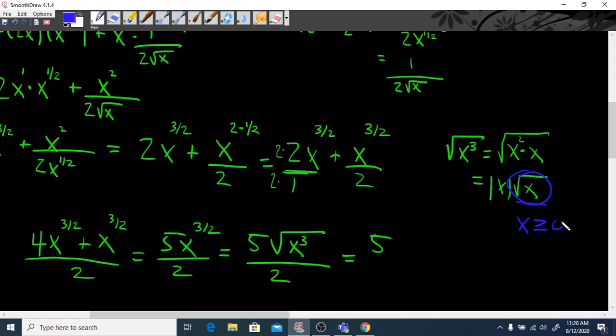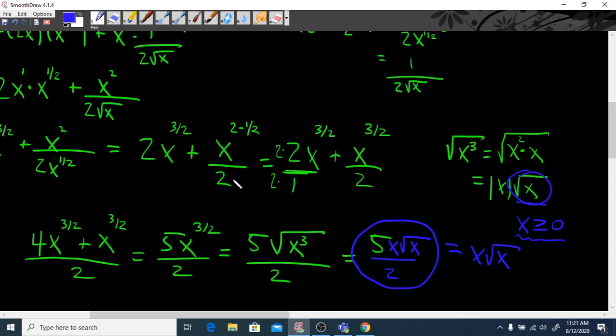X has to be bigger than or equal to 0. Because if x were negative, we would have a negative under the square root, which would give us a complex number or imaginary number. And in calculus, we are working only with real numbers. So because x has to be greater than 0, we can actually remove absolute value from the x there. And we can write this as x square root of x. And so again, this is another way to write the final answer.